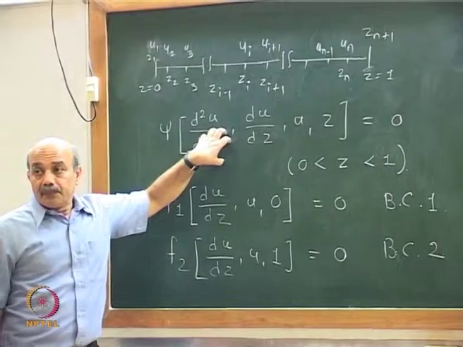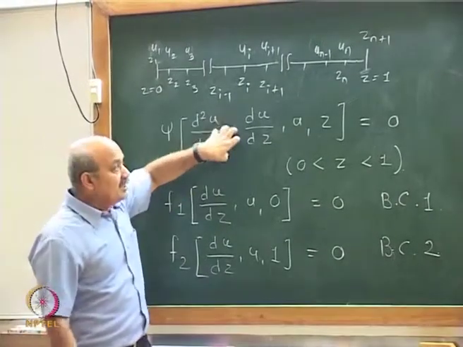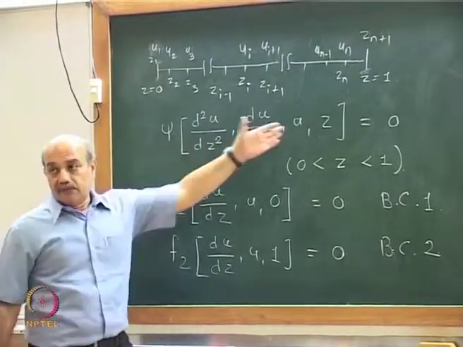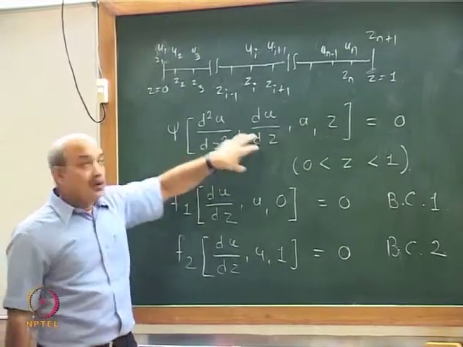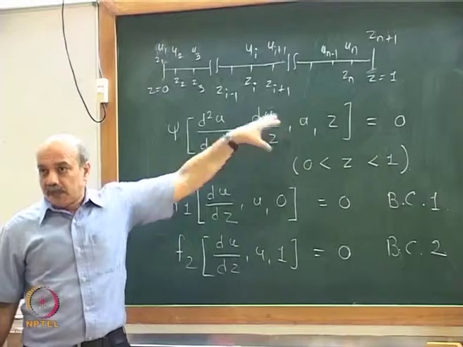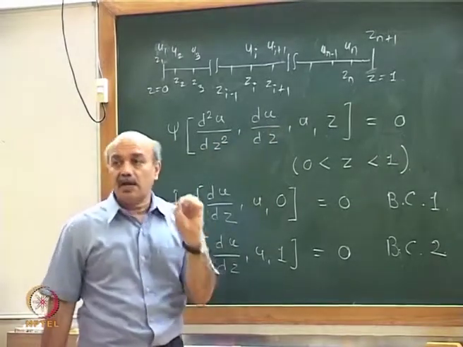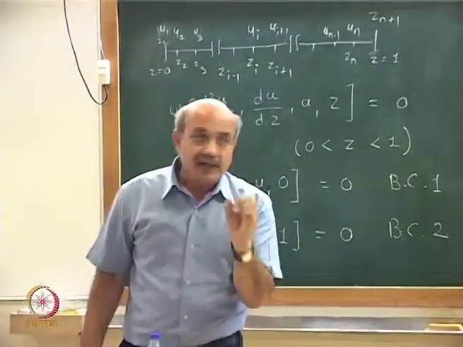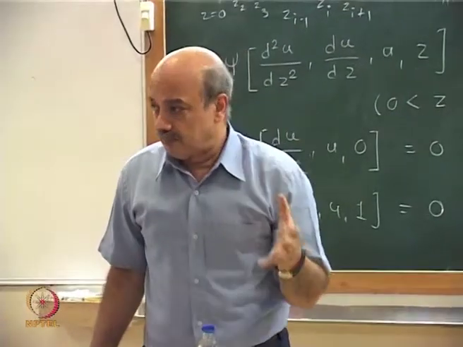Then we are forcing this residual to be 0 at a finite number of collocation points. These collocation points are chosen at roots of the shifted Legendre polynomial.